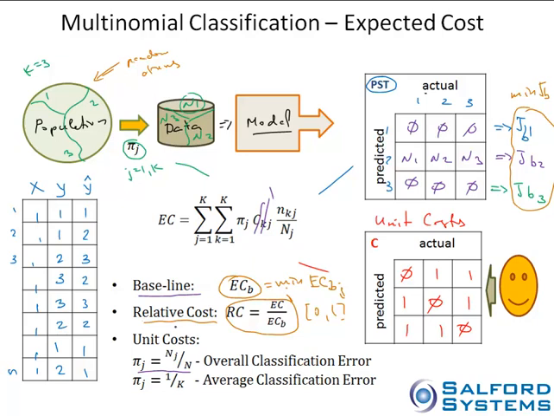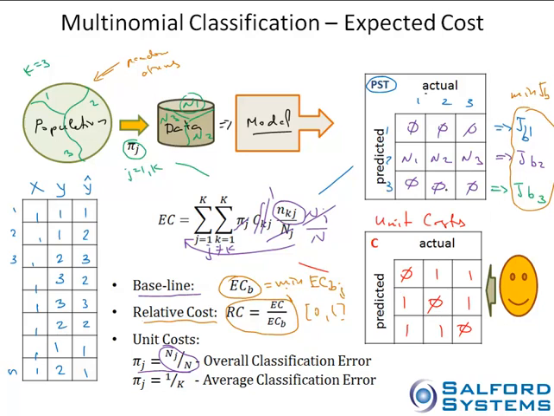Well, if you make that assumption here and plug it into this formula, then instead of this prior, you get essentially this n sub j over n. These terms cancel and can be pulled out. And what you have here is the sum over all off-diagonal elements of these elements.